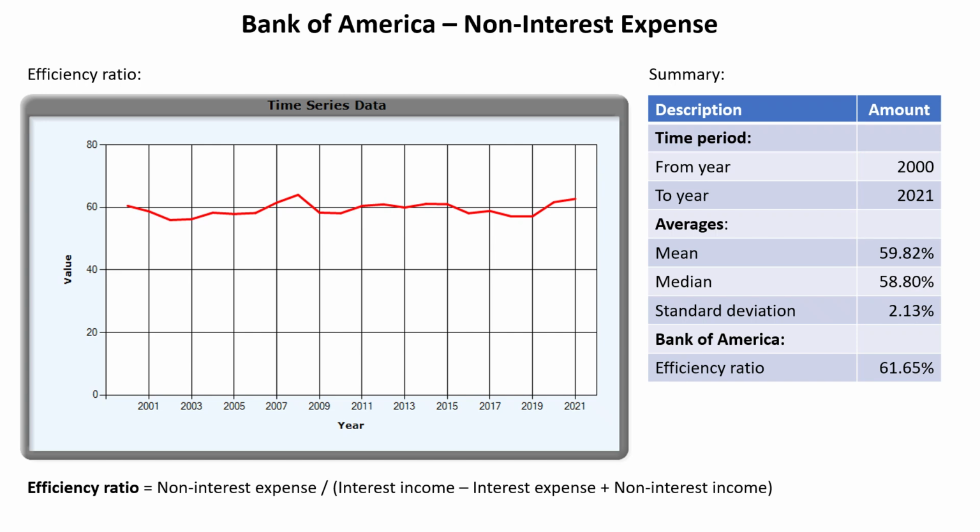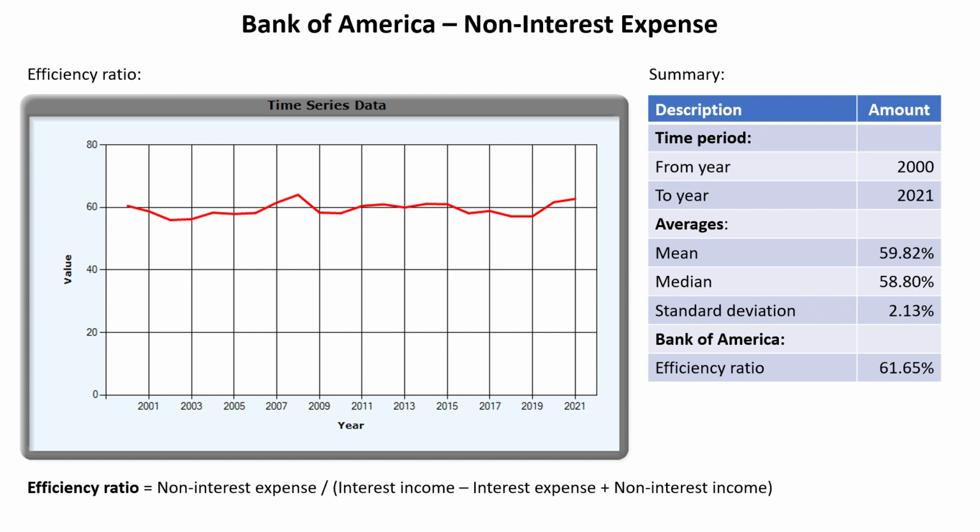In this slide, we want to take a look at Bank of America's efficiency ratio. The chart on the left-hand side is the efficiency ratio for all banks over a given reporting period, published by the Federal Reserve. We can see that the efficiency ratio is pretty constant from one year to the next, and it runs around 60%.